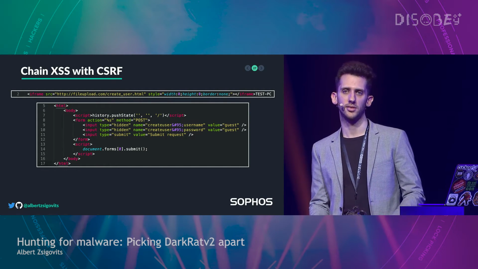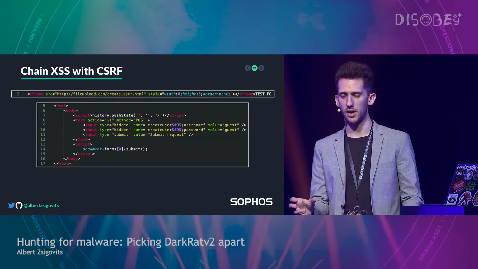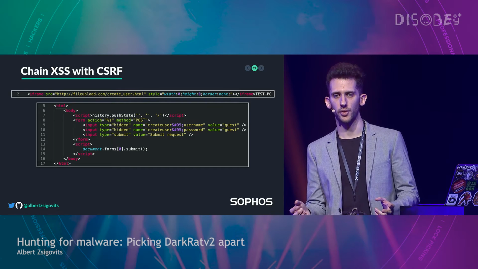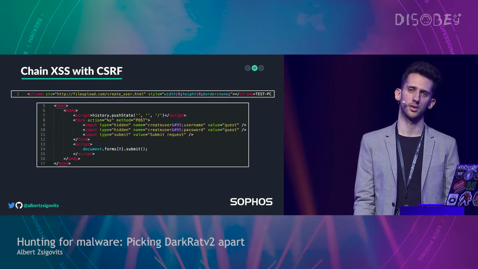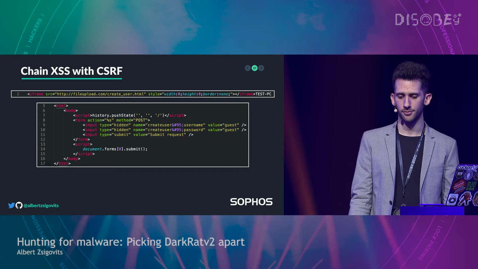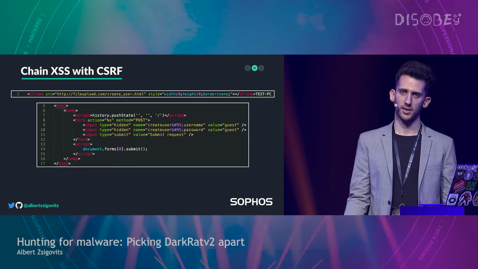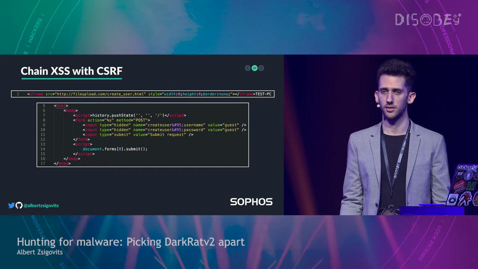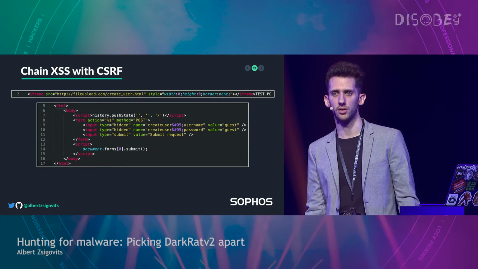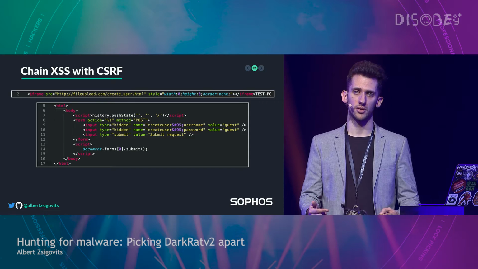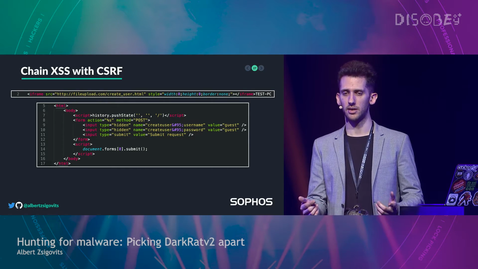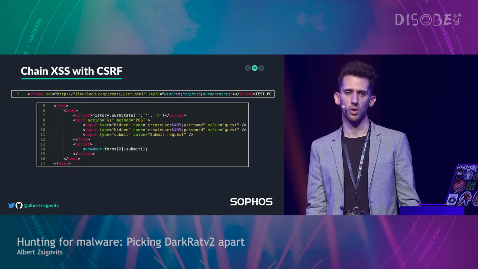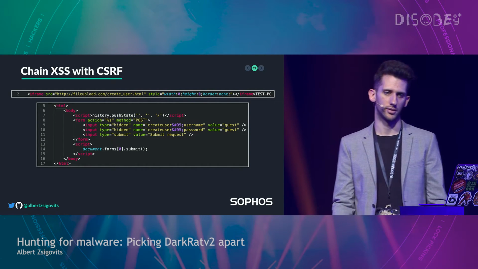In this case, I generated a CSRF payload that would create a new user on the C2 panel. Once this gets encoded again with base64 and sent to the C2 server, the next time the administrator logs into the panel, he doesn't even know there's a new user created. So that's one way to achieve this.